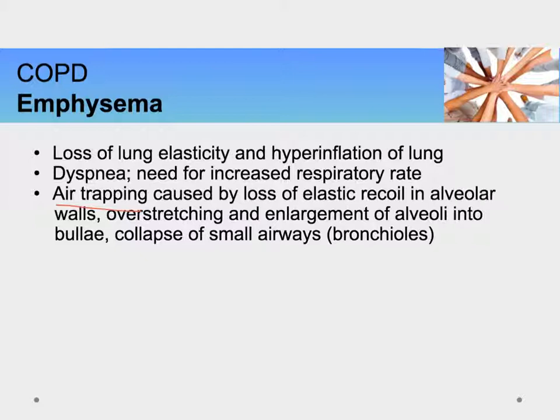So it really causes poor recoil in the alveoli. If you looked at the normal anatomy and physiology of how the alveolar sacs expand when we're taking in a breath, a person with emphysema, theirs is not working correctly because of the loss of the elasticity.